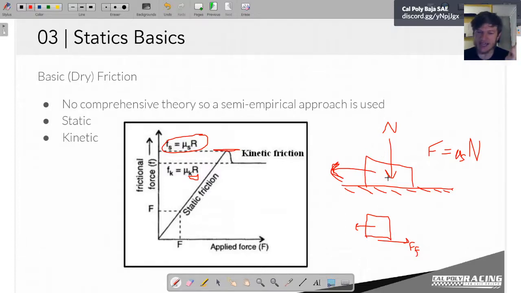That's the second it starts moving, the kinetic friction is going to be reduced. You can kind of think of that like a ratchet. Let's see if I can draw a decent ratchet. So if you have some sawtooth, like this.